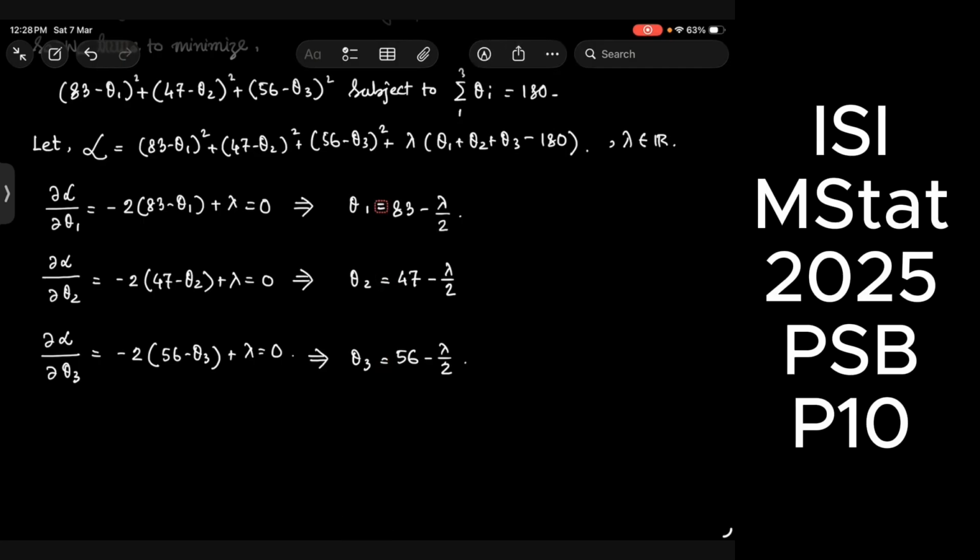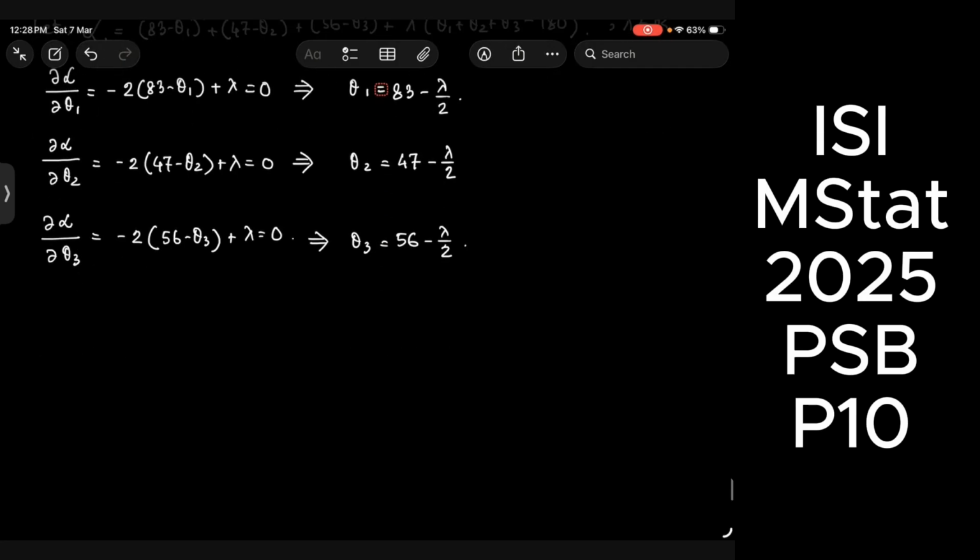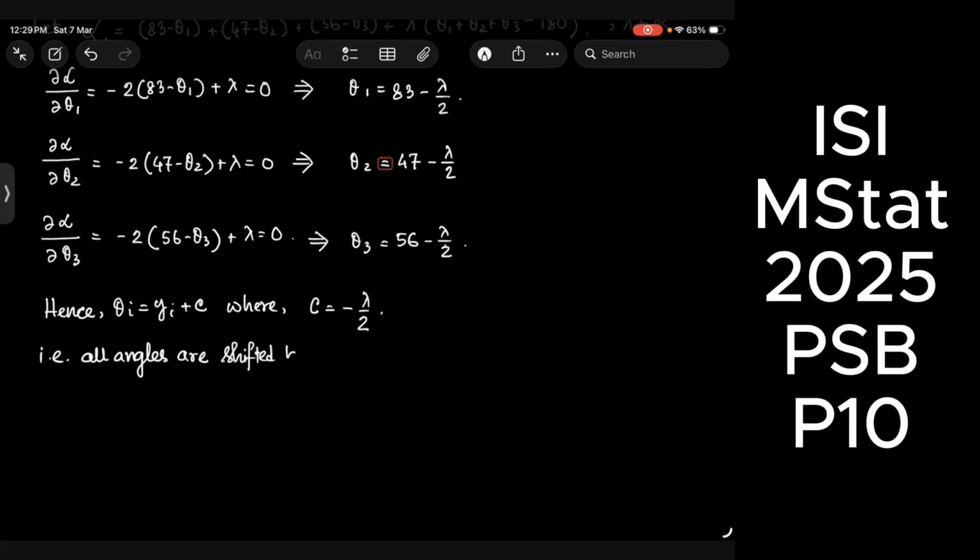So theta i equal to yi plus c, where c equal to minus lambda by 2. That is, all angles are shifted by the same constant.